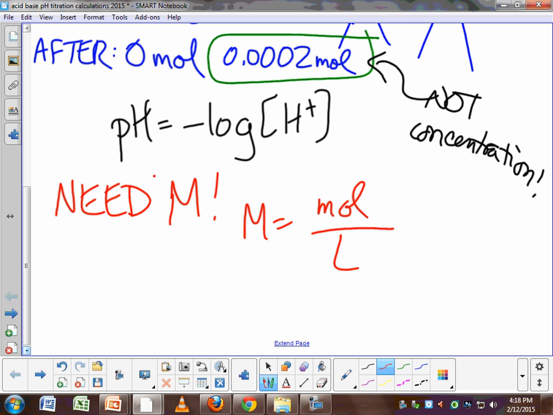We almost have molarity, but we don't quite have it. So there's an additional step. You're not done. You're not just taking the negative log of the 0.0002. We do want that number, though. That's how many moles we have. We've got 0.0002 moles of H+.